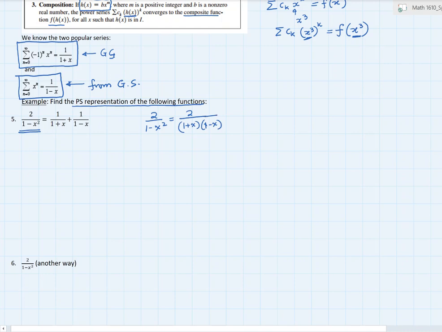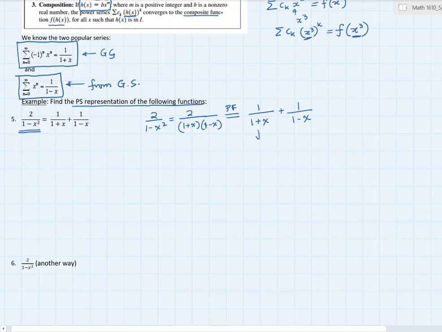You can factor the denominator. Now this from partial fractions can be written as 1 over 1 plus x plus 1 over 1 minus x. Very simple. You can check. By adding these two, you will see that it comes to 2 over 1 plus x times 1 minus x.